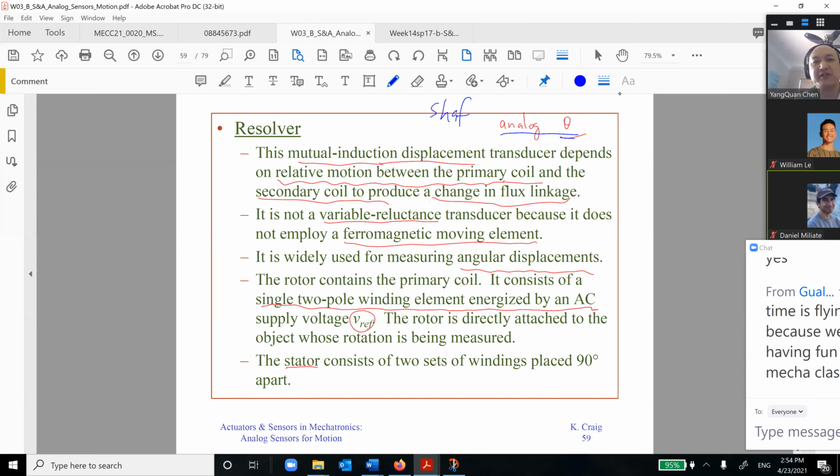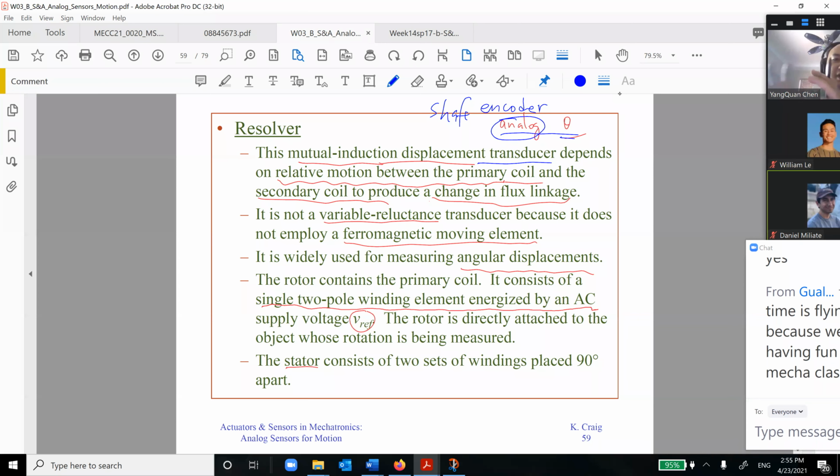Because you have a rotation, I put an encoder on the shaft, and I count how much the angular displacement is. But there's another principle here, in an analog way. It's not digital. It's a mutual induction displacement transducer.